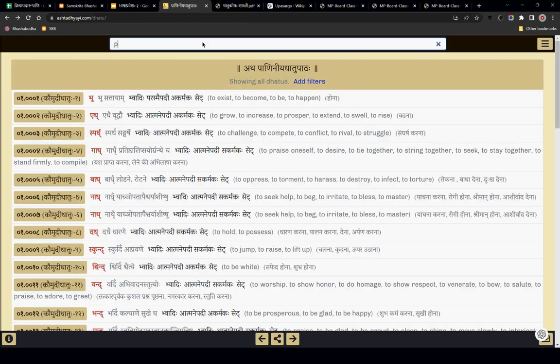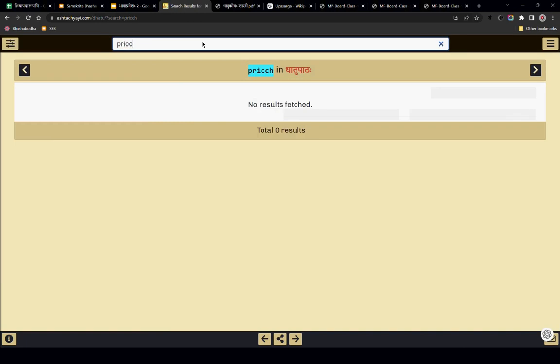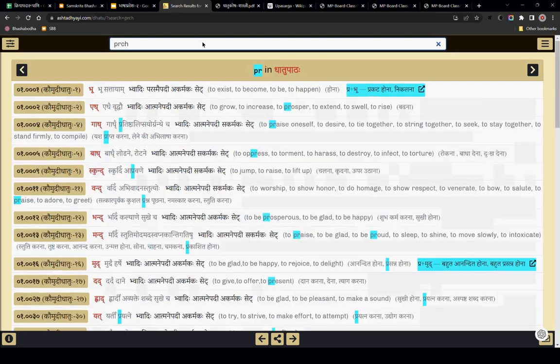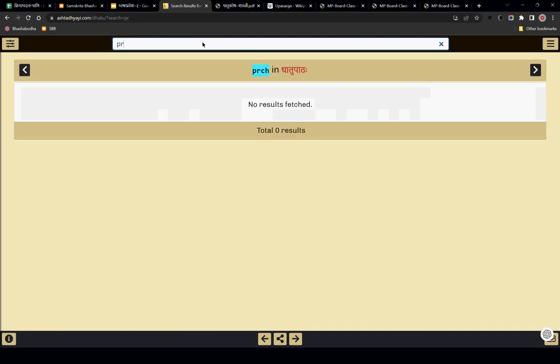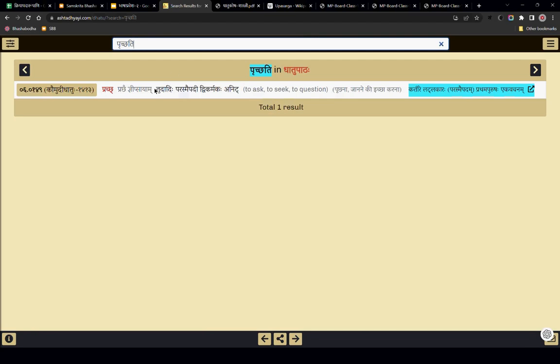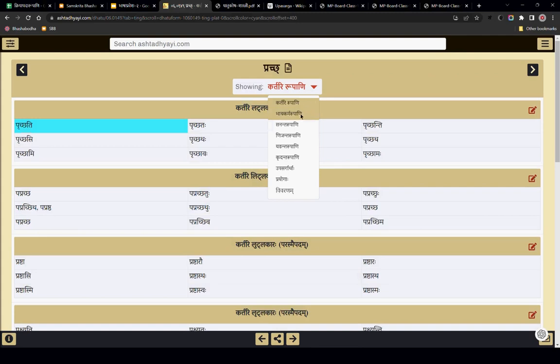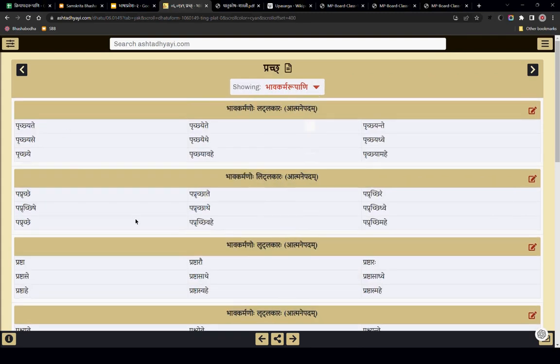So what should be the dhatu? Prachchha is the kartari rupam. If you look at this here, bhava karmani rupam, you get this prichchhyate, etc. Okay? Note that the dhatu is prachchha.